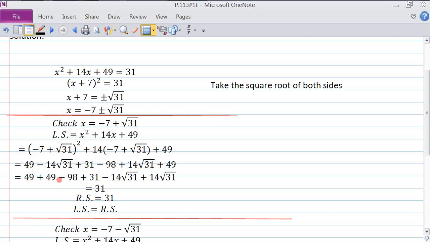So 49 and 49 gives you 98. 98 minus 98 is 0. 31 gives you 31. And you have a minus 14 root 31 and a plus 14 root 31, which sum to 0. So the left side of the equation is 31. The right side right over here is 31. The left side equals the right side, so that's a valid solution.